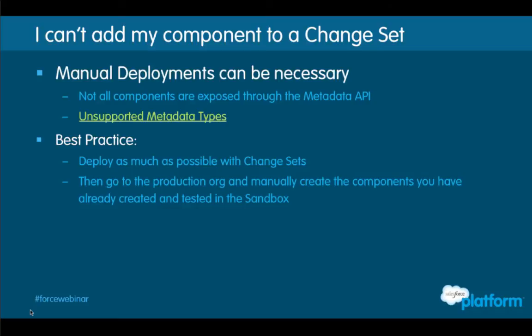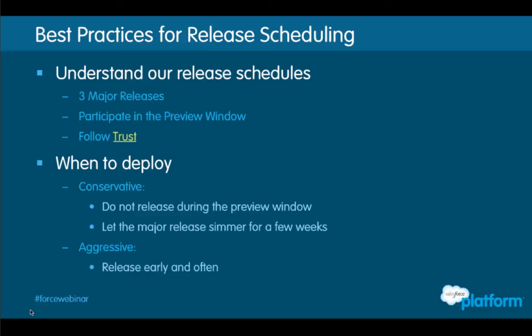Once that code is deployed and validated and everything is good, then go ahead and do your manual deployments and recreate those components that you've already tested and validated in your sandbox.